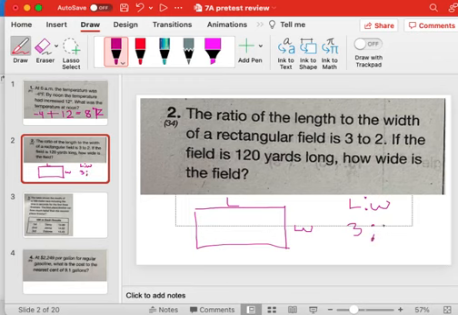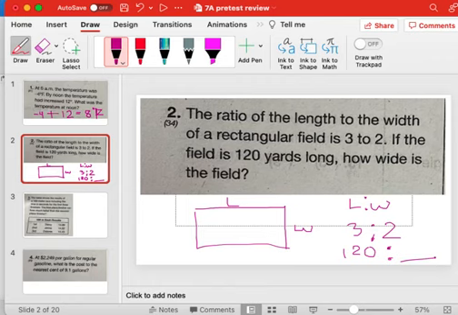We use the little colons there to indicate ratio. And then it says if the field is 120 yards long, so 120 is its real measure. If the ratio is 3 to 2, then what is the width of the field going to be?